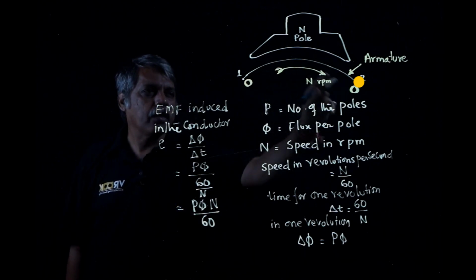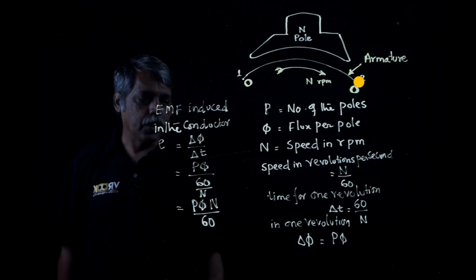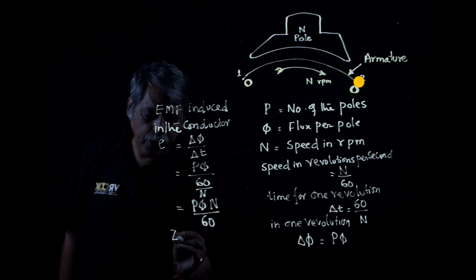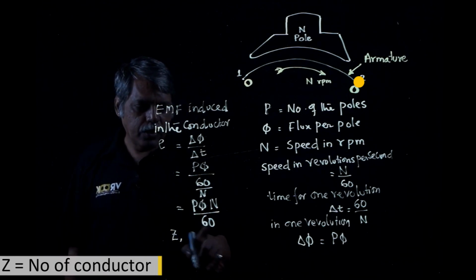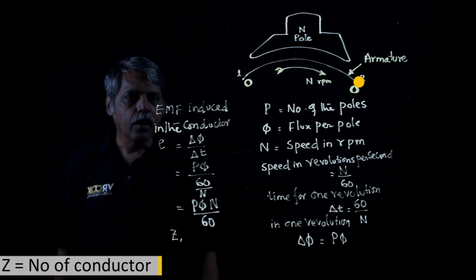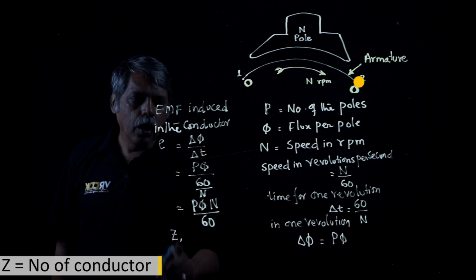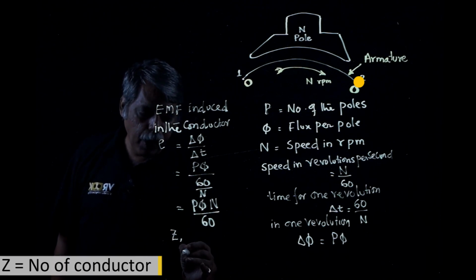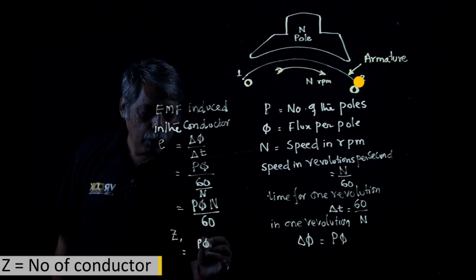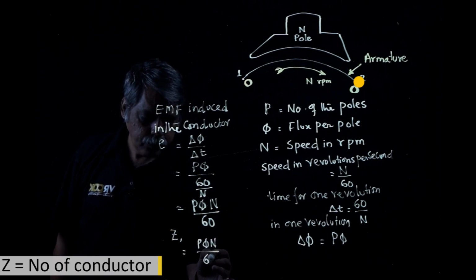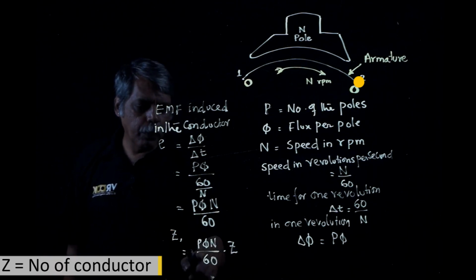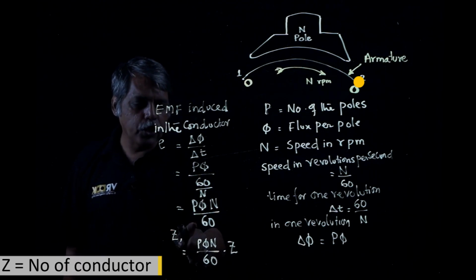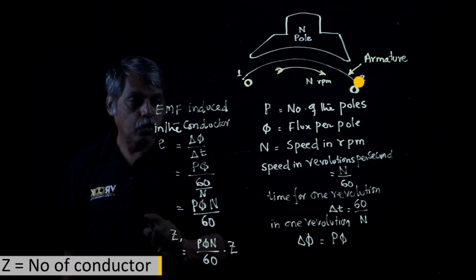If there are Z conductors present on the armature, that is, Z is the number of conductors present on the armature, and if all the Z conductors are connected in series, then the EMF induced in Z conductors is given by the EMF induced in one conductor multiplied by Z, to give a larger amount of voltage.